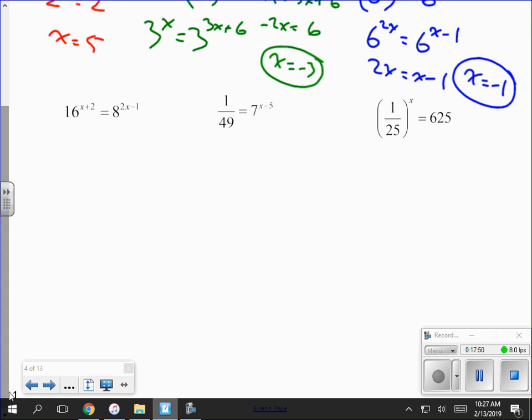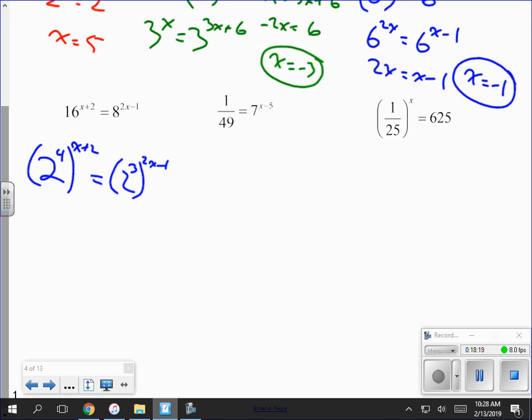So getting the same base is a little more complicated. But if you stop and think about it, they are both powers of 2. 16 is 2 to the 4th power. So I have 2 to the 4th to the x plus 2. 8 is 2 cubed to the 2x minus 1 power.